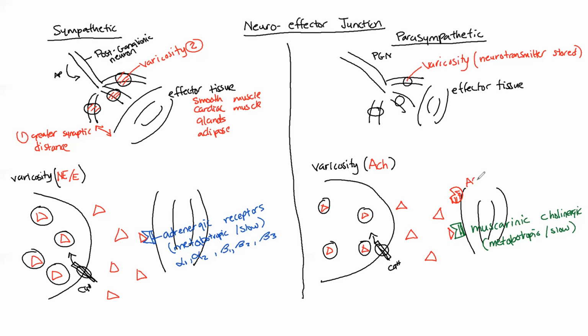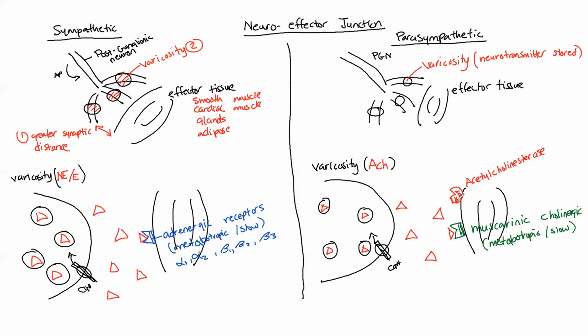Here, acetylcholinesterase is the name of our degrading enzyme, right? It's going to cleave or break down acetylcholine, and that's how we can chop this up into smaller pieces.